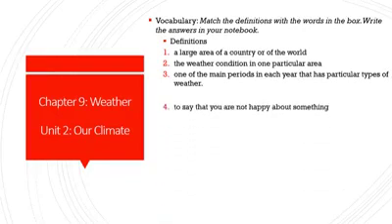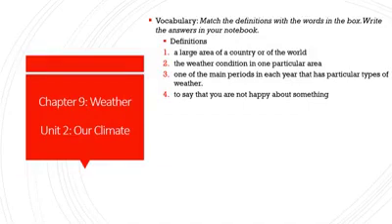Number 4, so when you say that you are not happy about something. For example, when you go to a restaurant and you don't like the service, so you need to tell the manager that you're not happy with the service and you want it to change. So the way you talk like this, what do we call it?